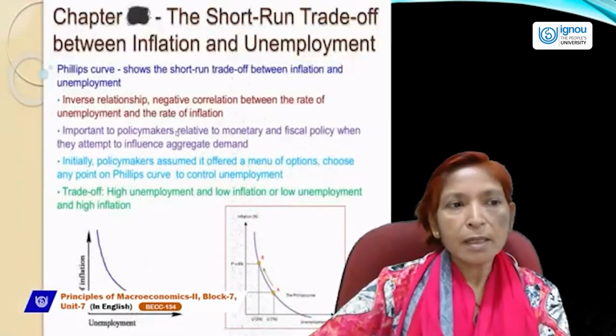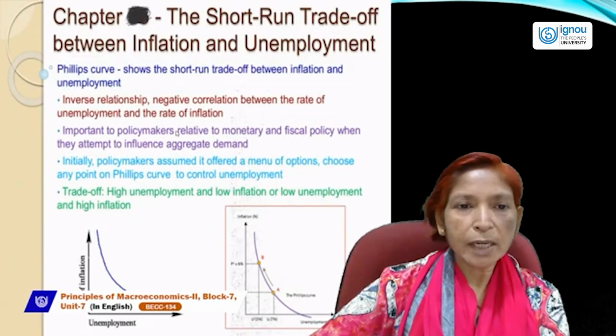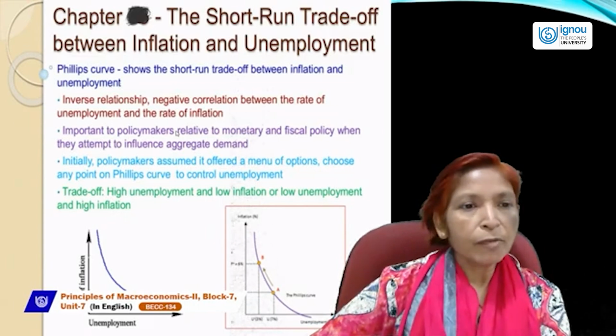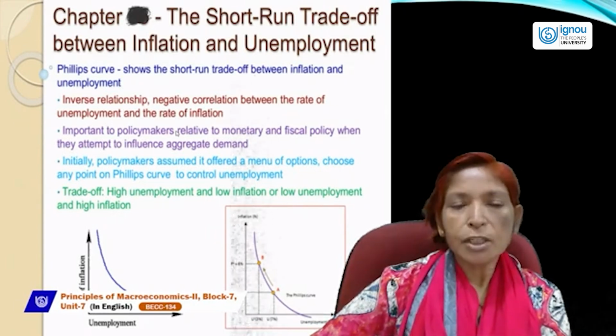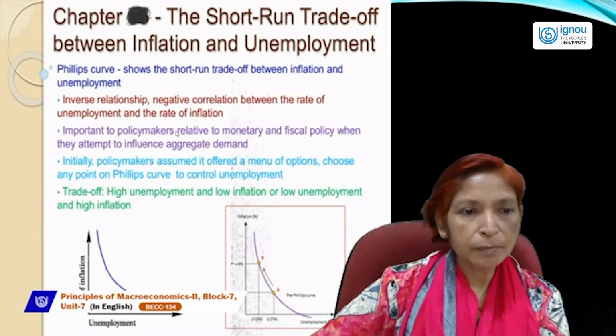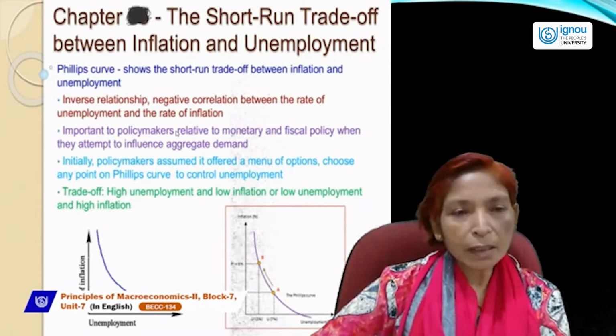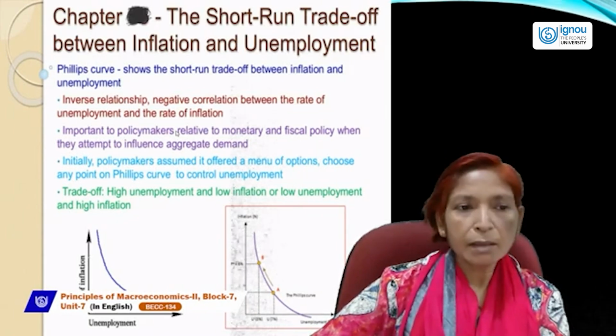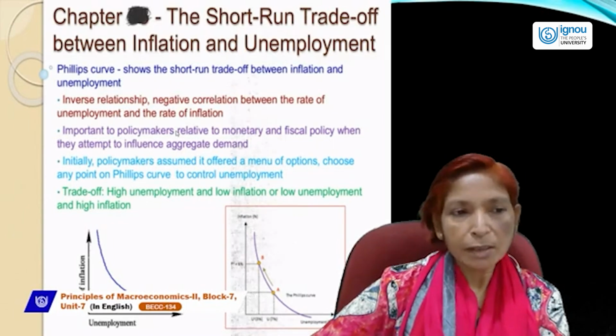Next, there is a trade-off between inflation and unemployment according to A.W. Phillips. The Phillips curve shows the short-run trade-off between inflation and unemployment. There is an inverse relationship or negative correlation between the rate of unemployment and the rate of inflation.